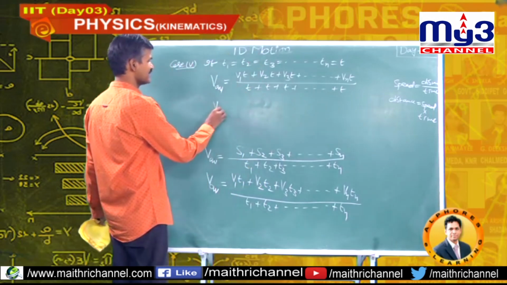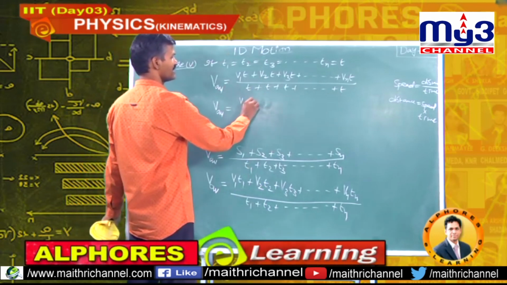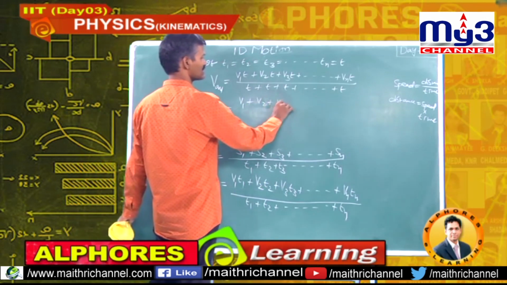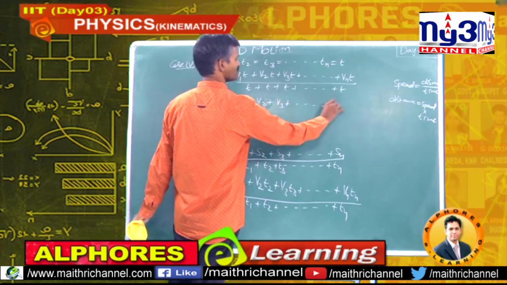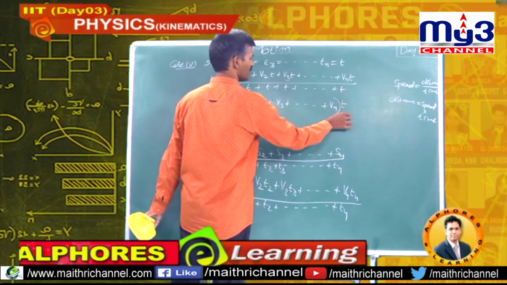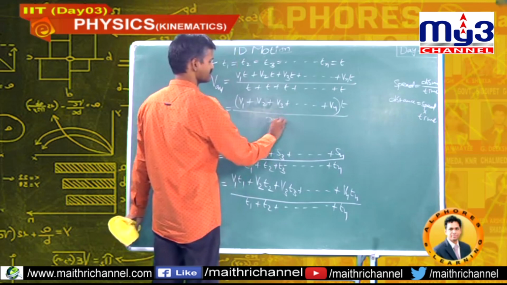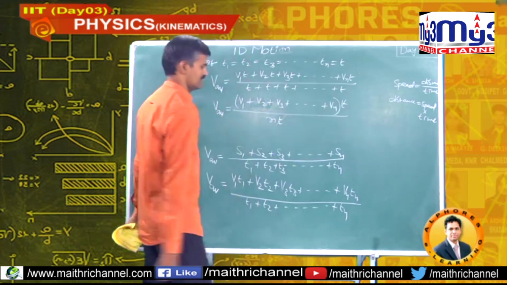This average speed is V1 plus V2 plus V3 and so on plus Vn, into t, divided by t plus t plus t plus t. This becomes nt. This t gets cancelled.